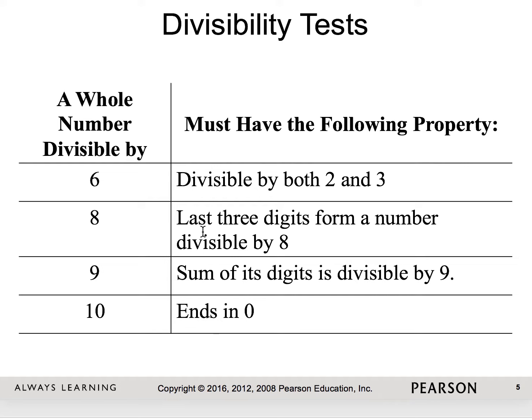But if you have a giant number, it's easier to divide 3 digits than 4 digits or 6 digits. 9 is similar to 3. If the sum of its digits is divisible by 9, then that number is divisible by 9. So let's take a number.